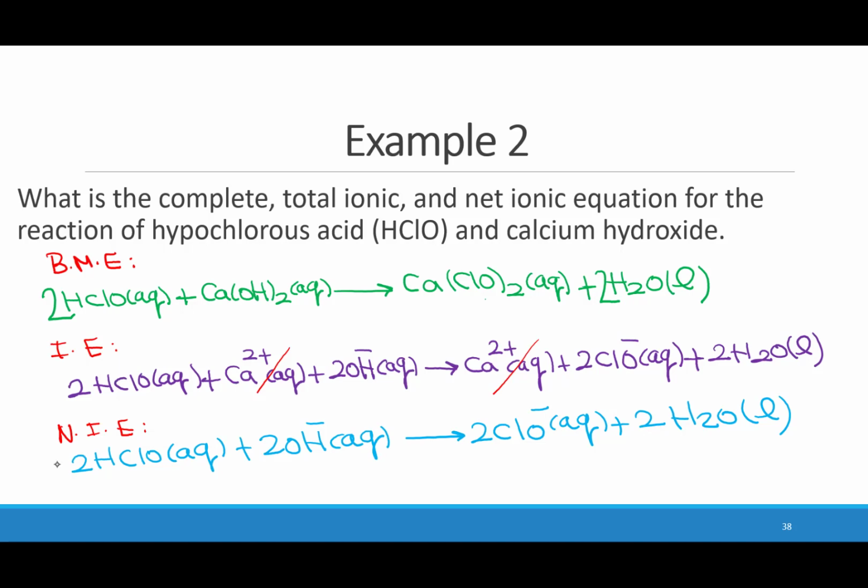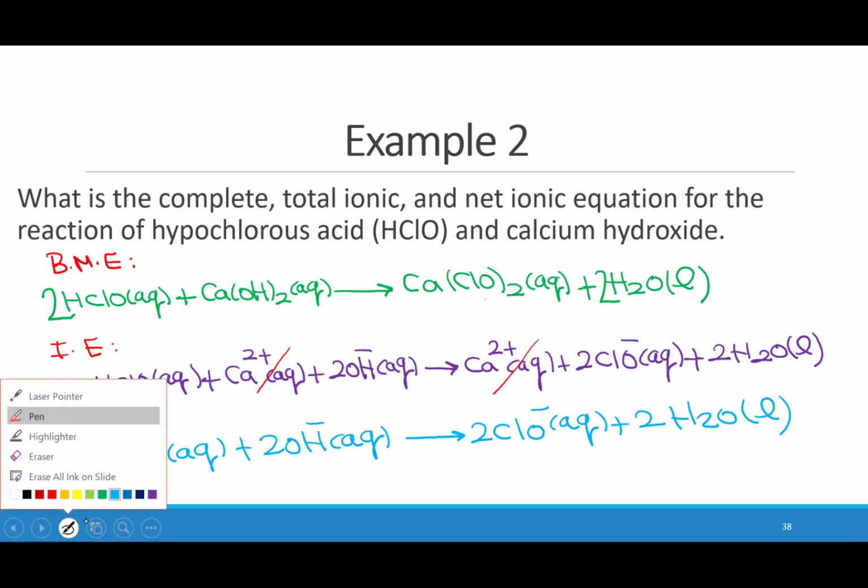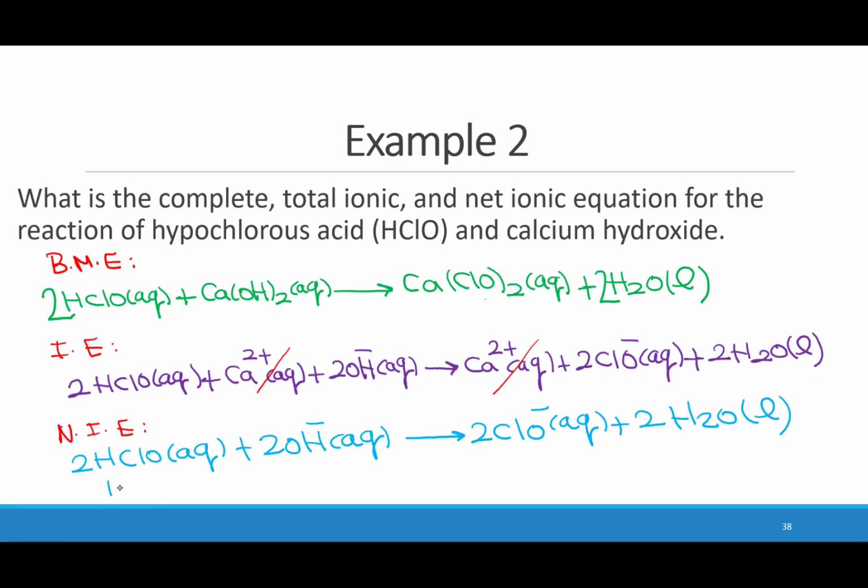If all these two get canceled out, we will end up with the following, because the 2's need to be simplified. And this is our final net ionic equation.